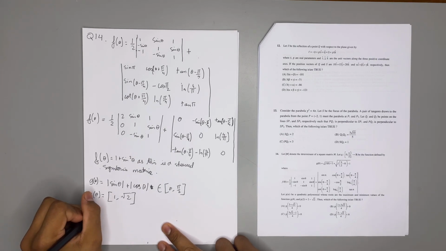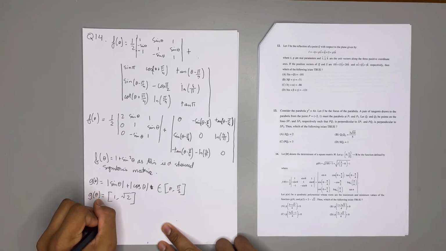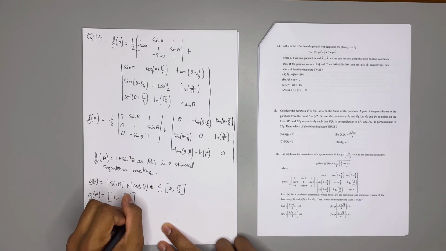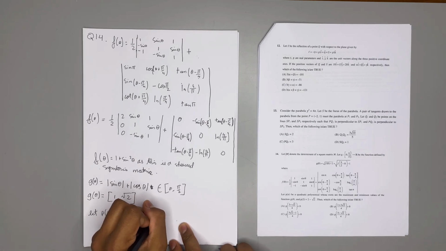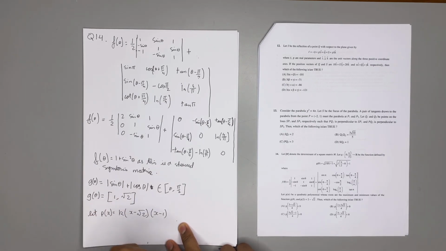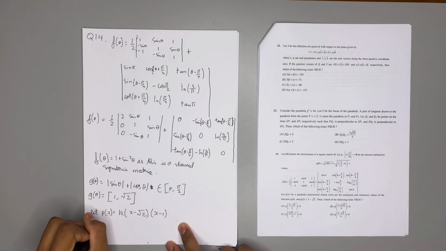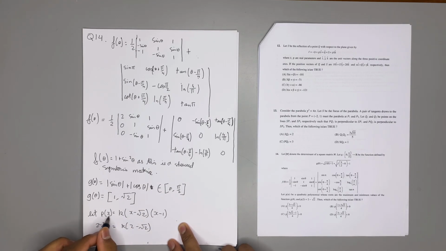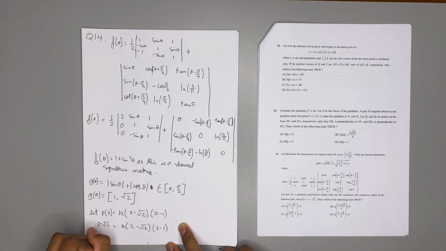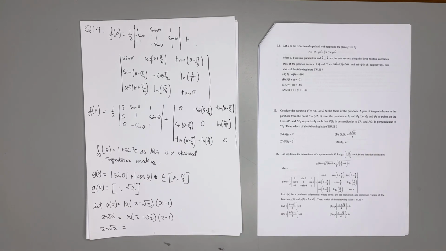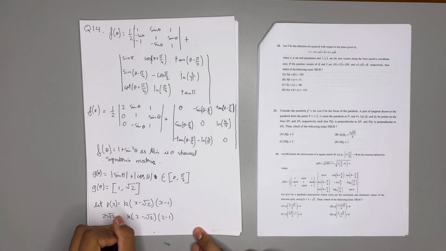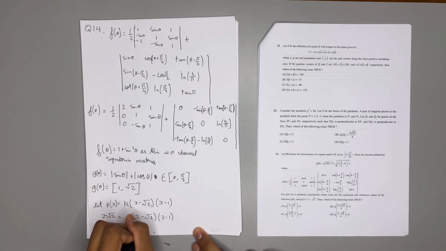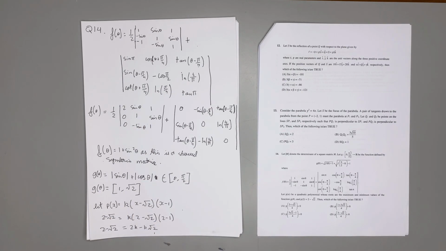Let's come back to this part now. We know let p of x equal to k x minus root 2 multiplied by x minus 1. P of x would then give me 2 minus root 2 equals to k brackets 2 minus root 2, substituting x for 2, brackets 2 minus 1. 2 minus root 2 then equals to 2k minus k root 2.